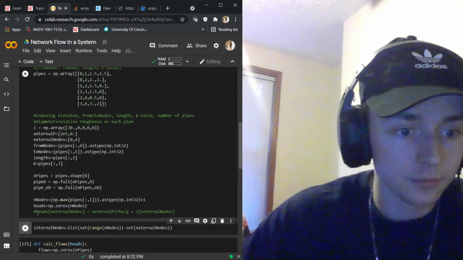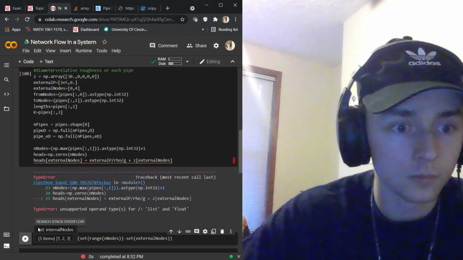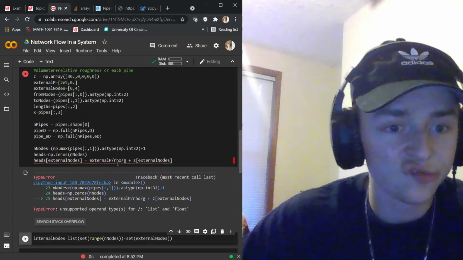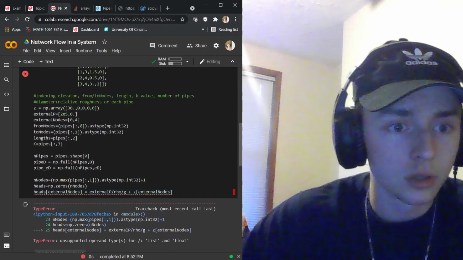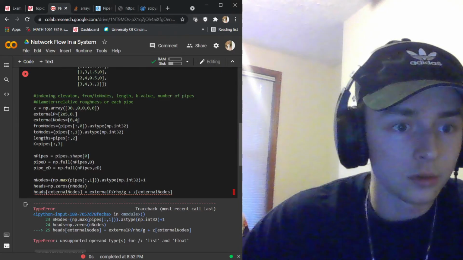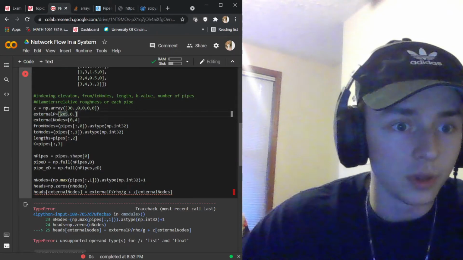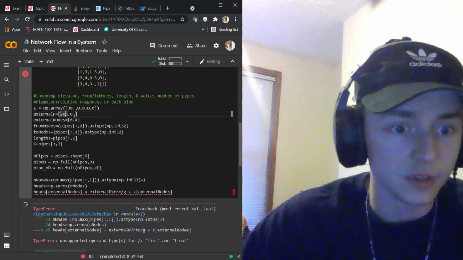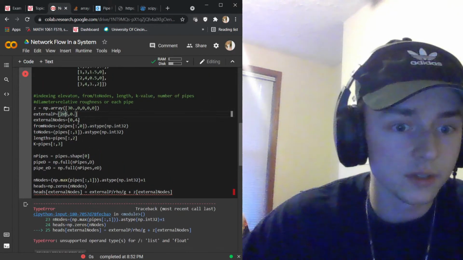Oh. Nodes pipes, so we're using external pressure divided by, but that is a float, and so is that. External nodes is a list.